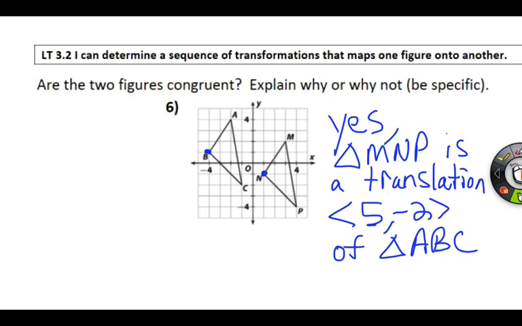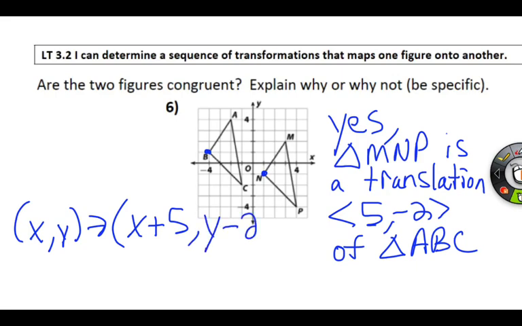Or if you were good like what we were doing with the rules, you could say x, y becomes what? We could add the 5, so we could say x plus 5, comma, y minus 2 would also do the trick. Okay?